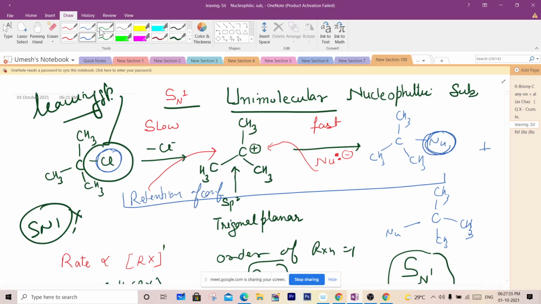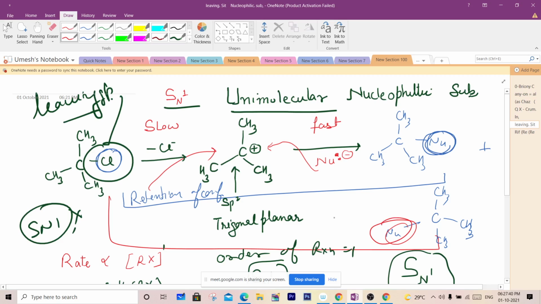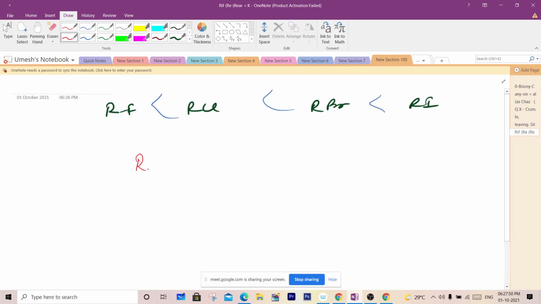And from this to this, on the opposite side, we have an inversion of configuration. So two things are happening here: retention and inversion of configuration are observed.